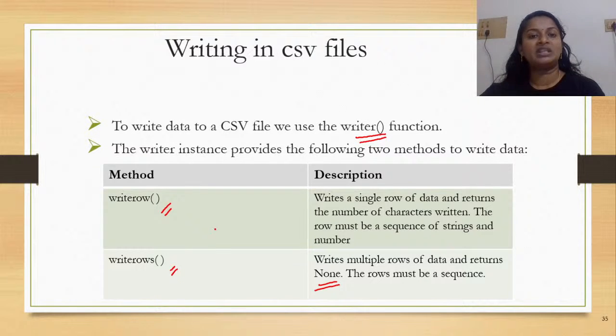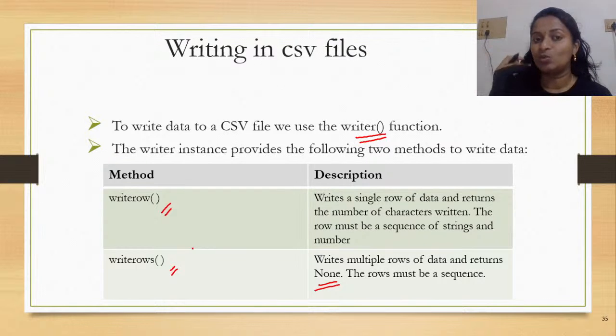So what are the two methods used for writing onto the CSV file? writerow and writerows. If you have to write a single row of data or single row of information, you use the method writerow, and for writerows, the word itself sounds like a plural form, right? So it indicates that it helps you to write multiple rows of data.